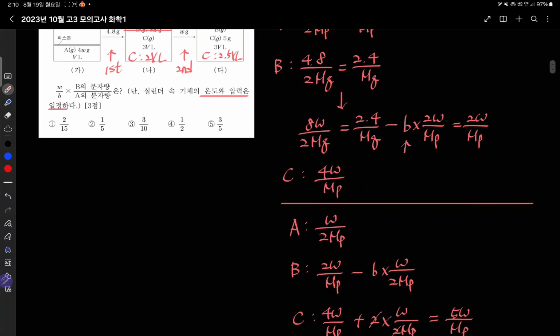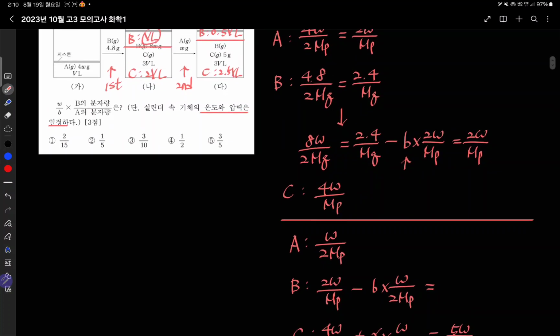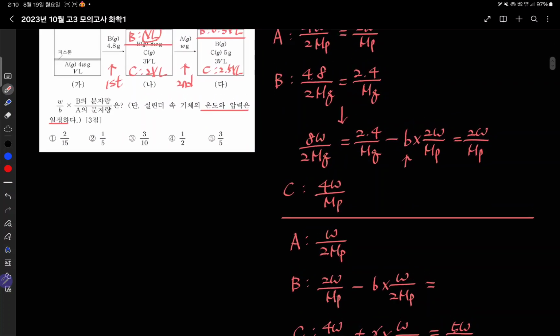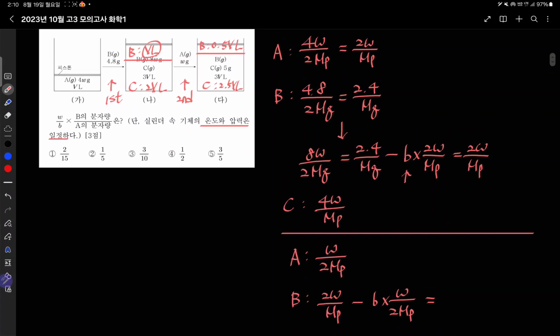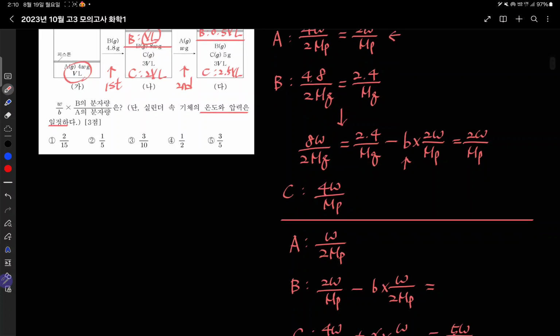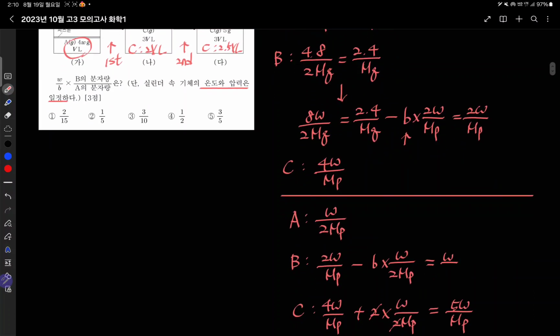So we can make the second equation: this leftover is half times this. So half of this is W over MP.